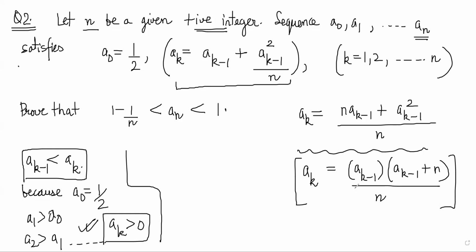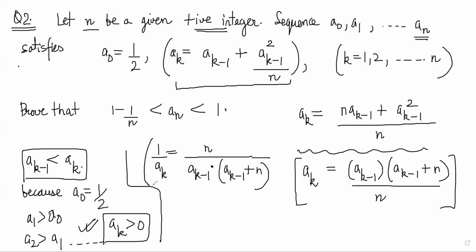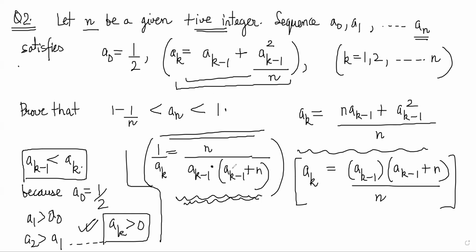I hope you understand what I'm trying to say. You can make it like this: 1 by Ak is equal to n by A(k−1) times (A(k−1) plus n). We have basically simplified the relation and made it look like this. So think about it: what should we do next here?